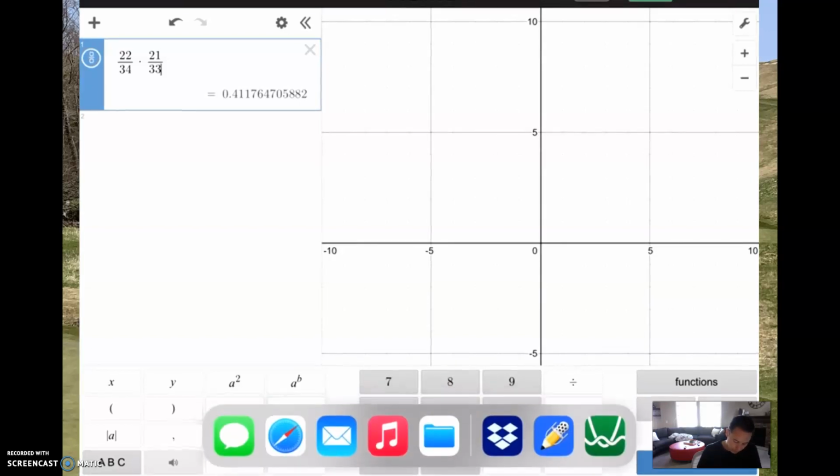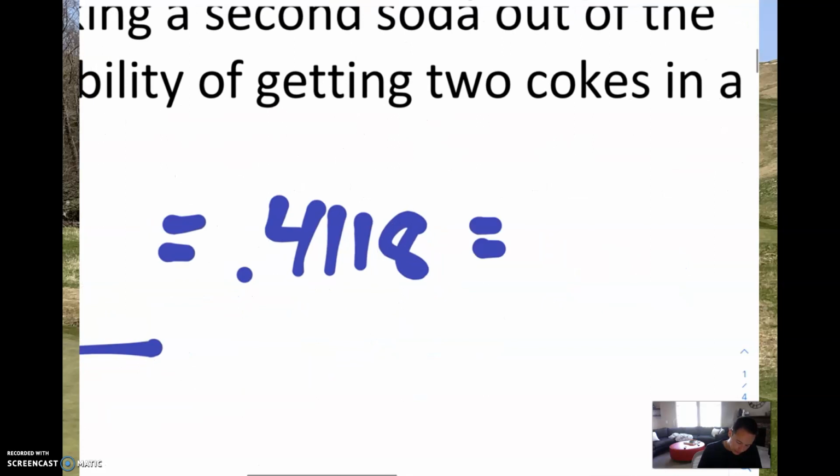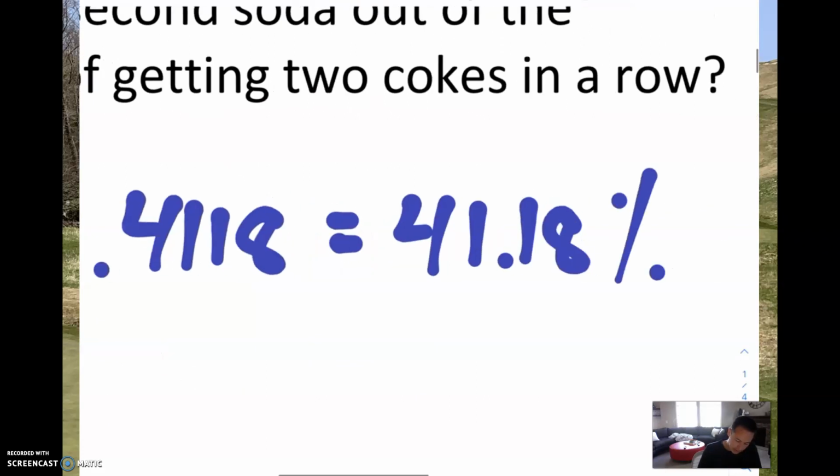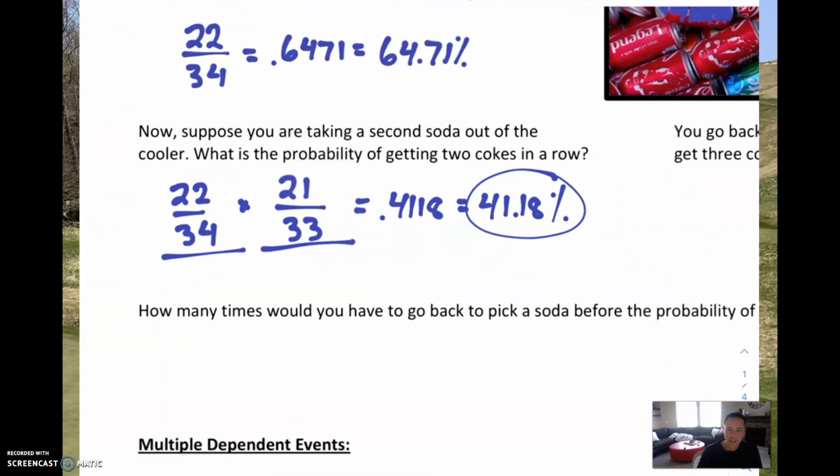So 0.4118. And you can convert it into a percent, 41.18%. And that's the probability of selecting 2 Cokes in a row. Getting 1 Coke, 65% or so. The chance of getting 2 Cokes in a row, it goes down a little bit.